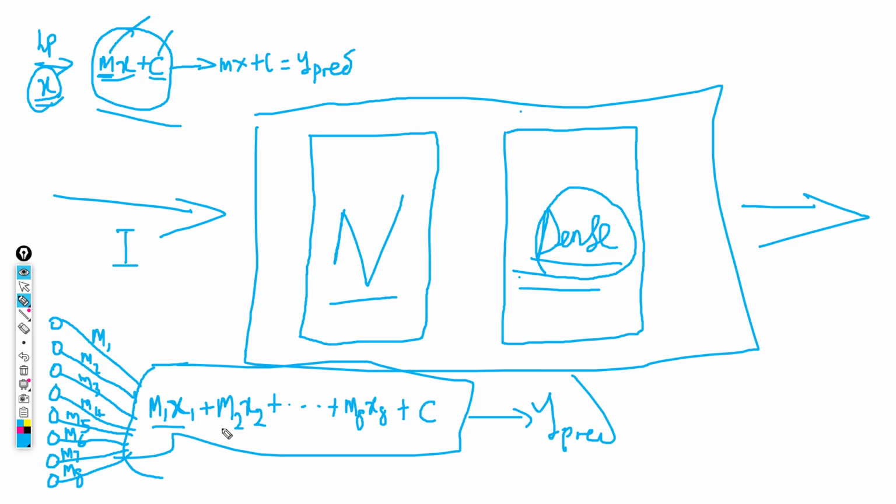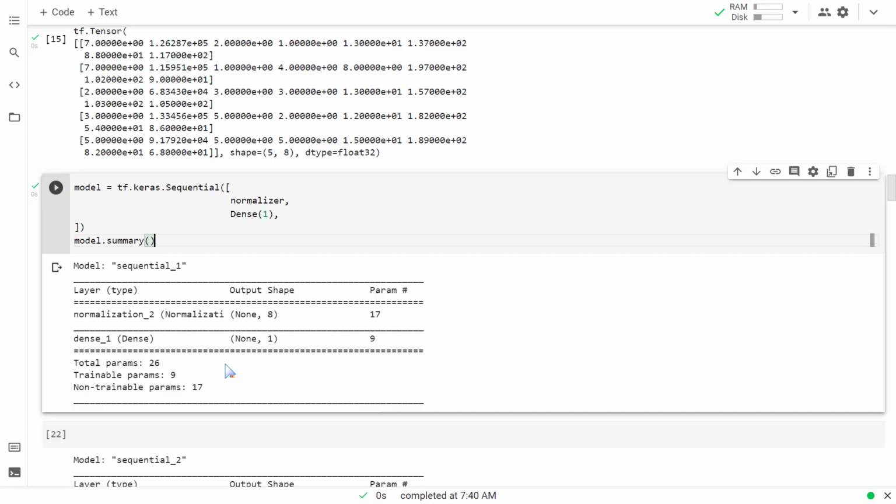Now you'll notice that we have 8 weights plus this bias, making us 9 different parameters. That's why right here you had 9 params given to you. You also have this non-trainable param 17. This comes from the normalization layer.